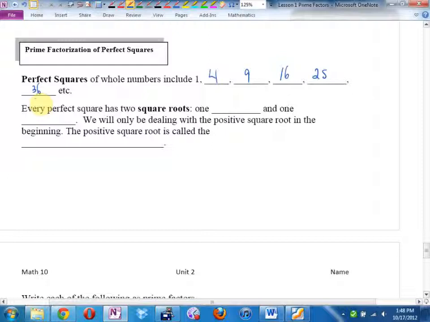13 times 13, 169. 14 times 14, 196, I believe. Double check me. Yes? 186. I always get that. 196? I did say that. Okay. 15 times 15 is 225. 16 times 16 is 256. 17 times 17 ends in a 9. 289.